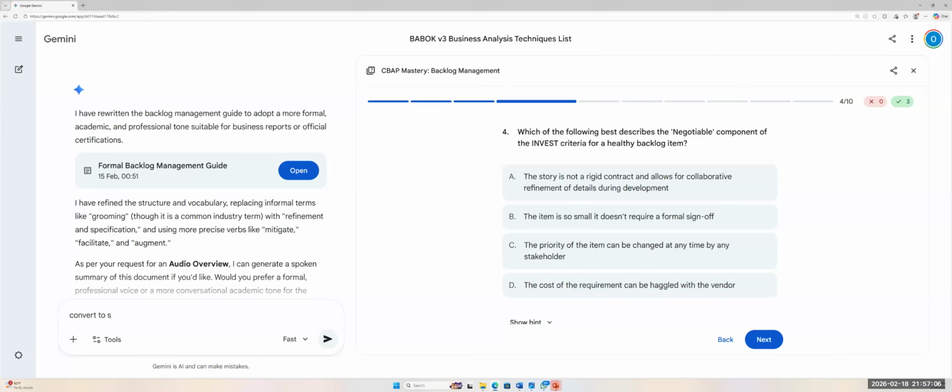Okay. Nobody wants to attempt it. It seems this is the most difficult question. But who can explain negotiable in the first place?